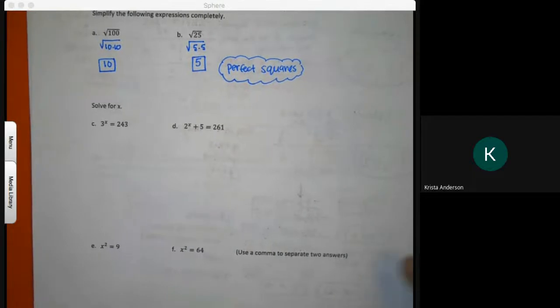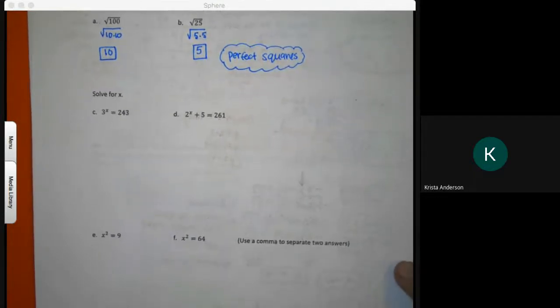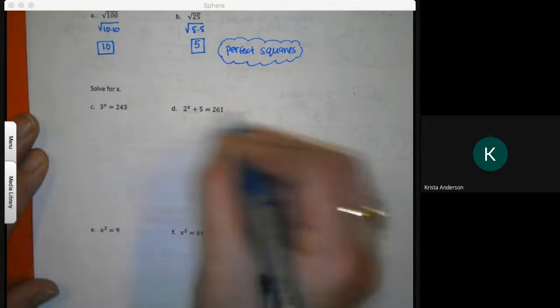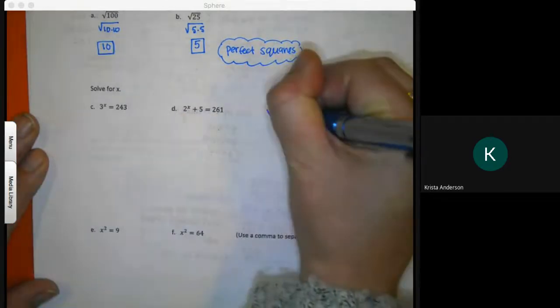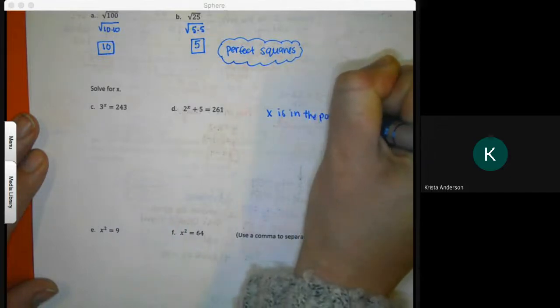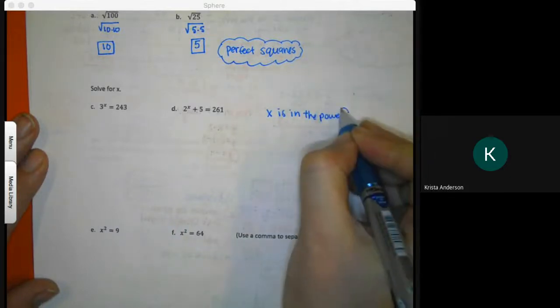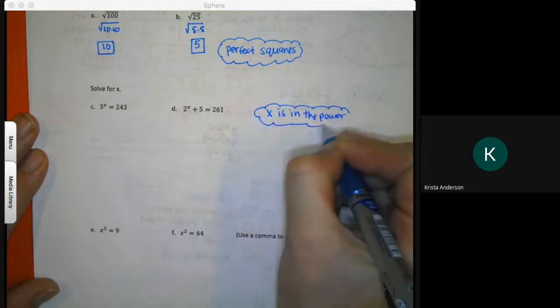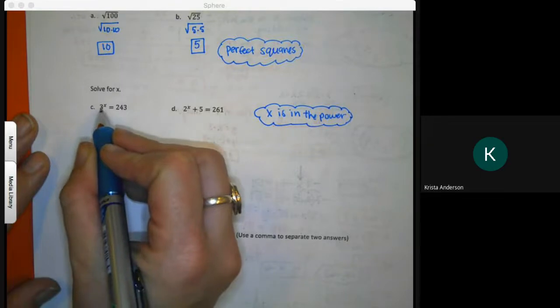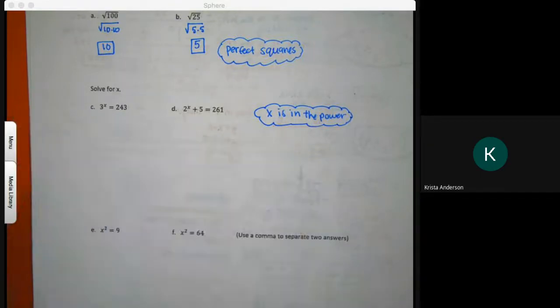For question C, it says solve for x. You will notice on these two that x is in the power. Three to the power of x equals 243.